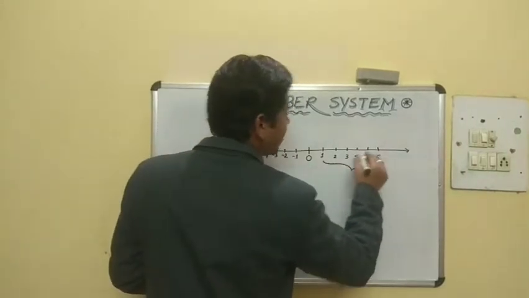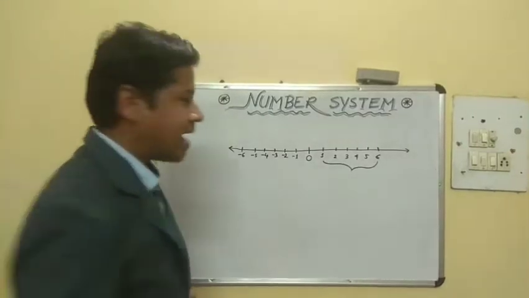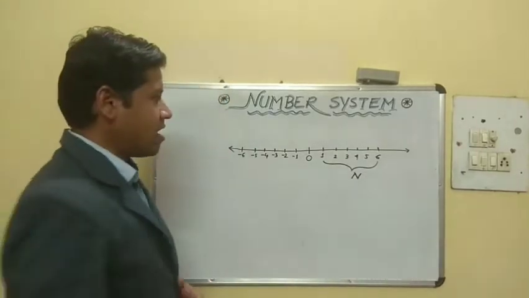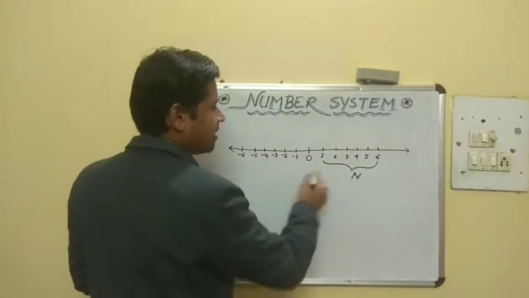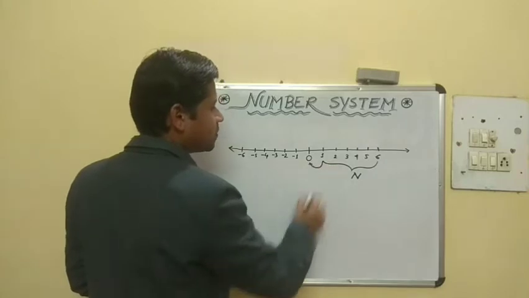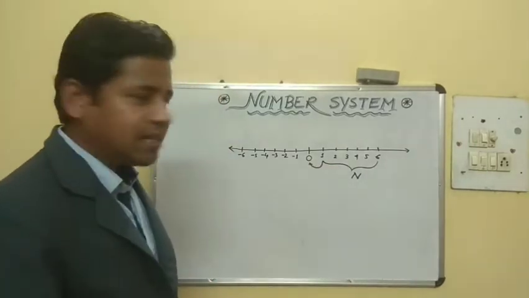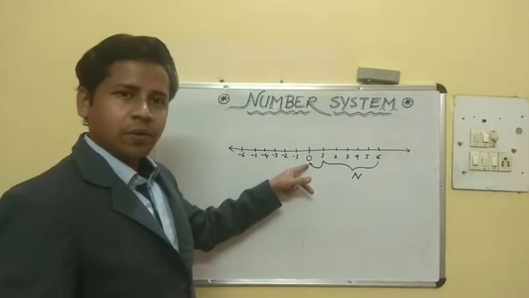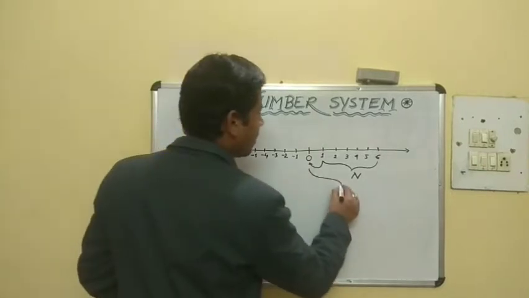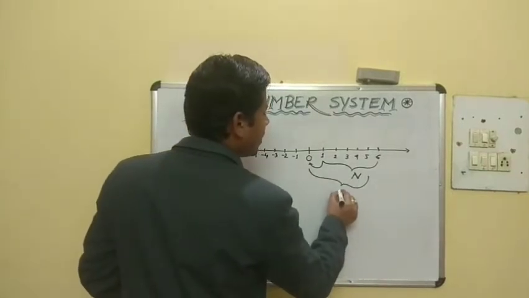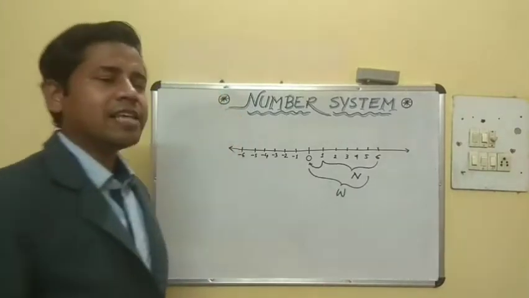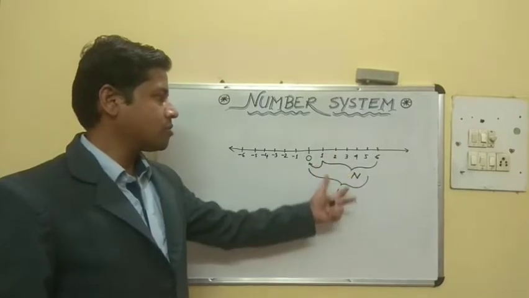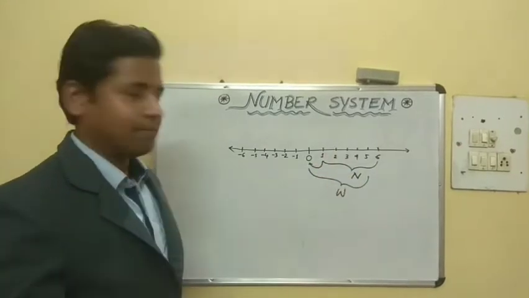Basically, we denote the natural numbers by capital N. Similarly, if you come back and take 0 in your bag, then the collection becomes the natural numbers including 0, which is the whole numbers, and we write whole numbers as W. The set of whole numbers is denoted by W, capital N for natural numbers, capital W for whole numbers.